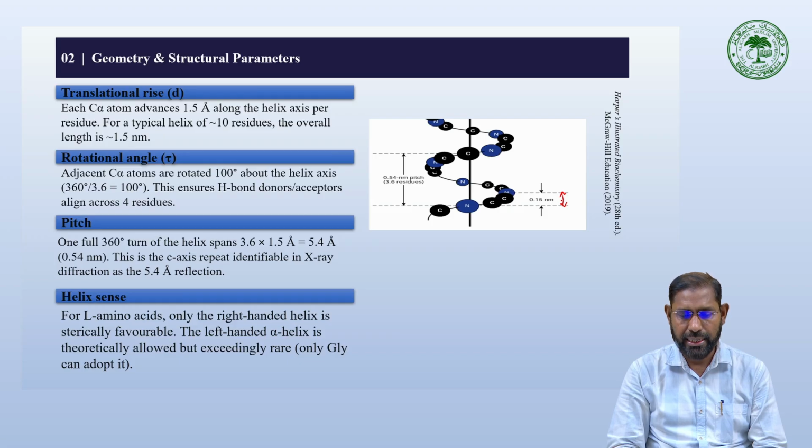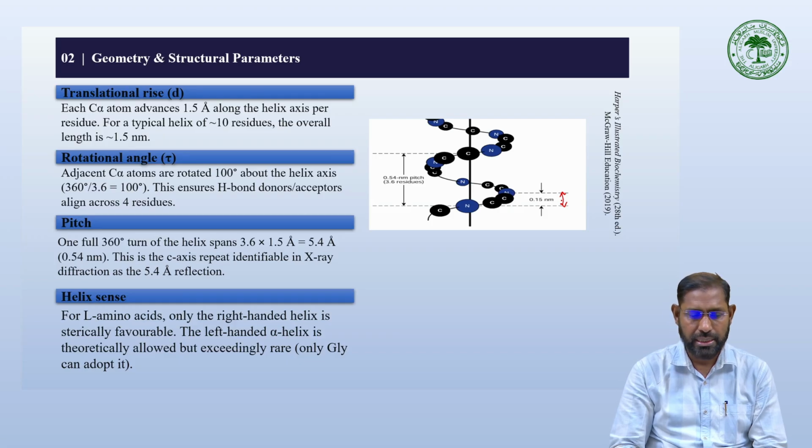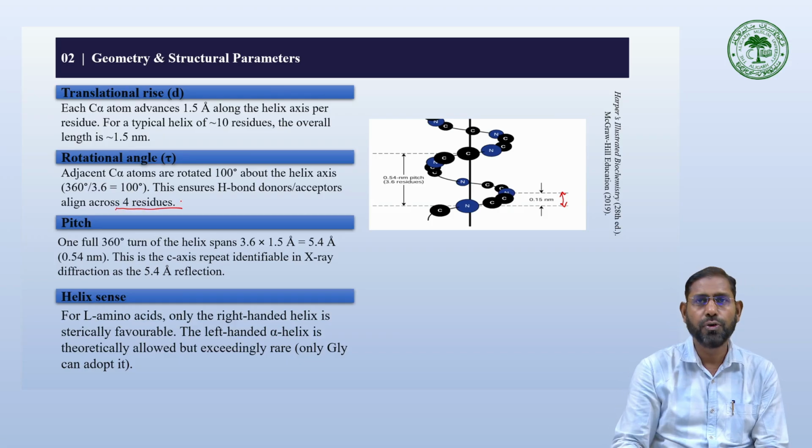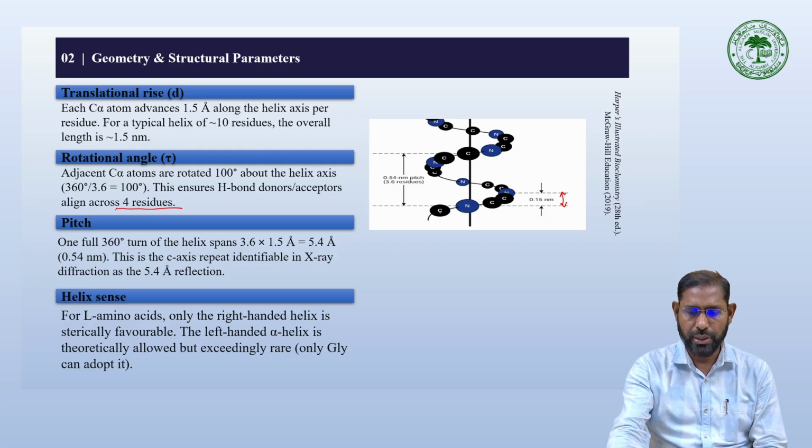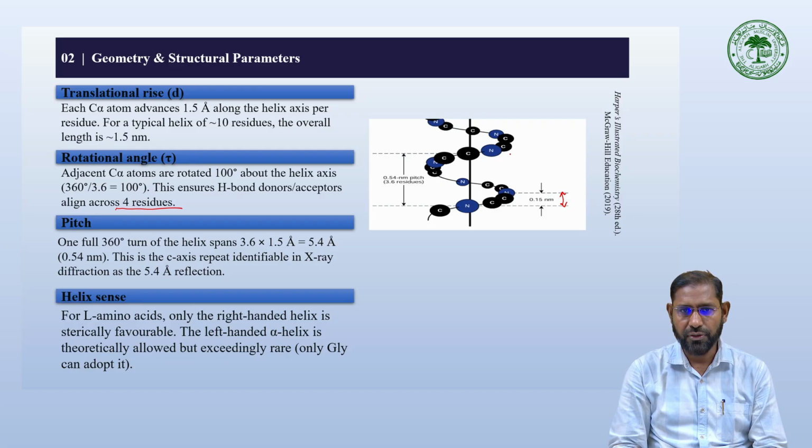This ensures that H bond donors and acceptors are aligned across 4 residues. Now the pitch: one full turn is 360 degrees of the helix, and it spans 3.6 multiplied by 1.5 angstrom, which is equal to 5.4 angstrom or 0.54 nanometer.